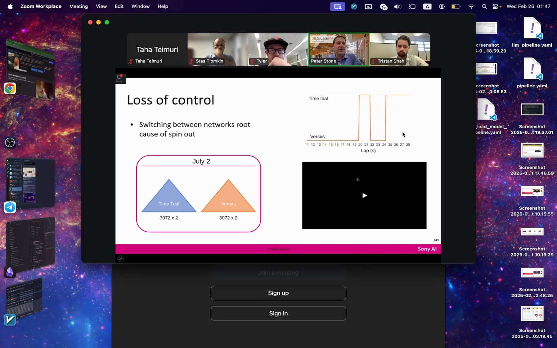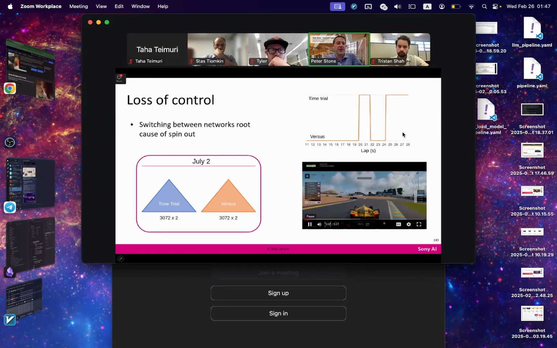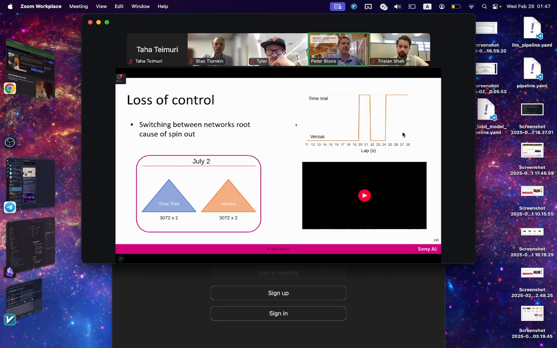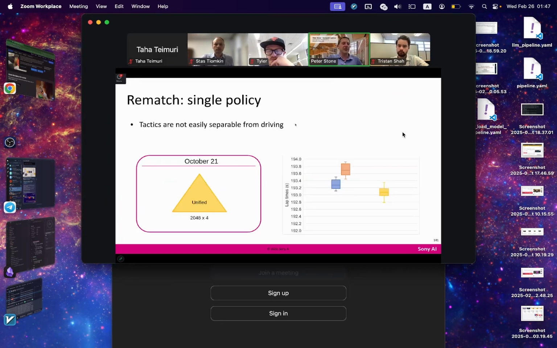Switching the network out would cause a spin out as it got closer to the other cars. When it got to the point where it was going to make the switch, it just mysteriously spun out. There was nothing else that caused that. It was just because these stitched together policies didn't interact very well together. So we had to figure that out.